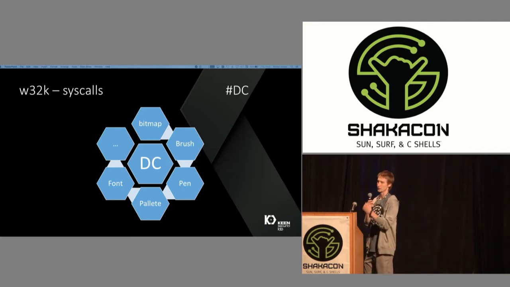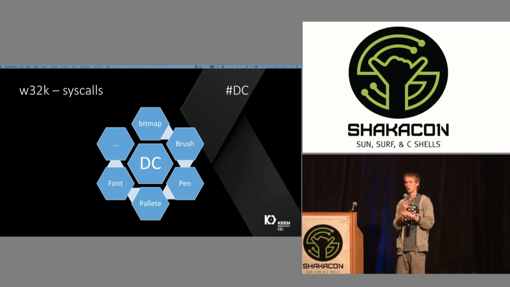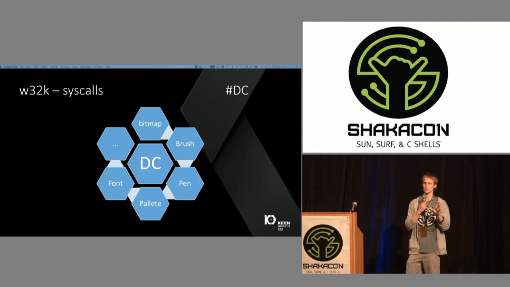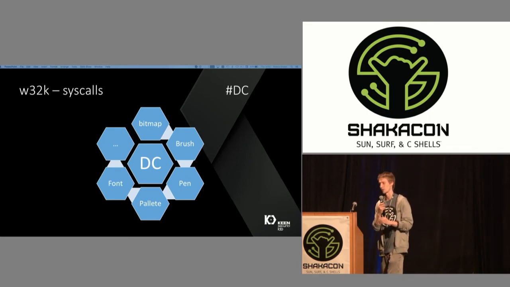The graphics subsystem has multiple entities, so what do we fuzz when it comes to syscalls? One can be the DC, which is basically a screen where you can paint every fancy thing you want.